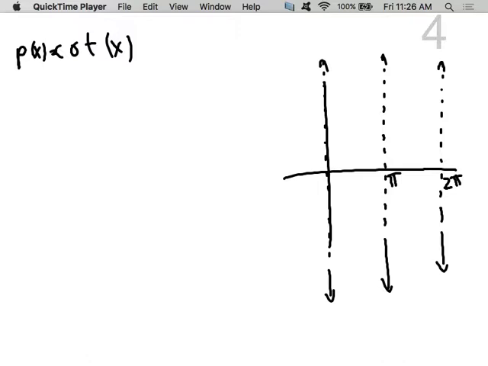Why does that happen? Well, we have a fraction here that's cosine over sine. Plug and chug 0 into that, I get 1 over 0, which is no good. But as I get very close to 0, the sine value is getting very close to 0.